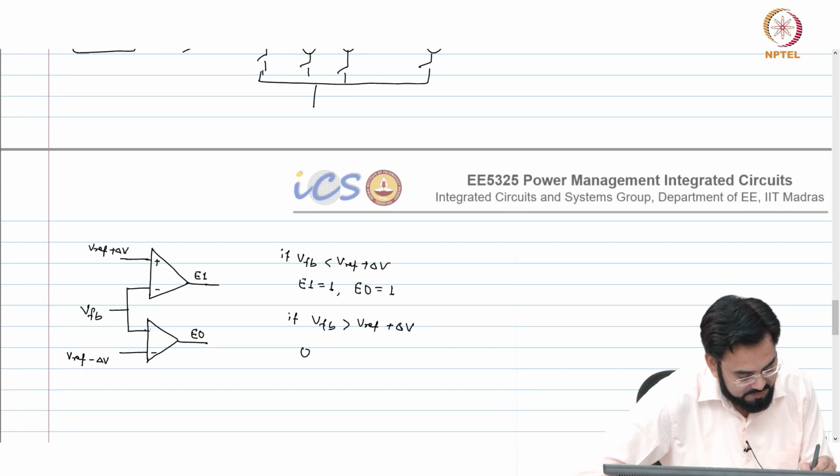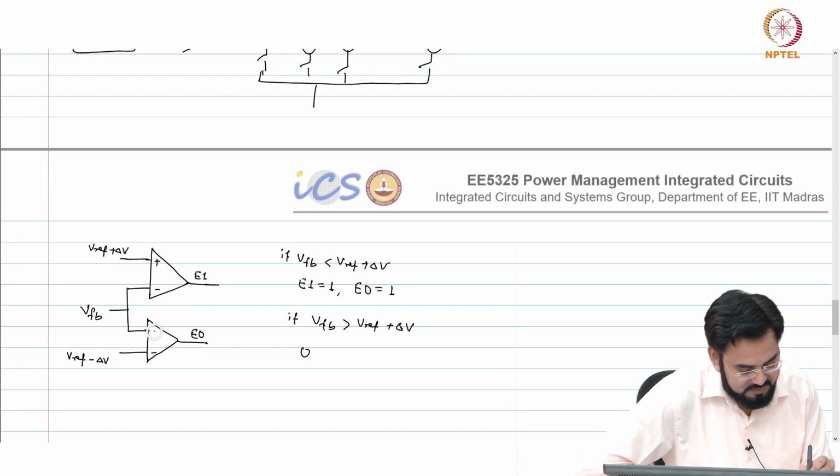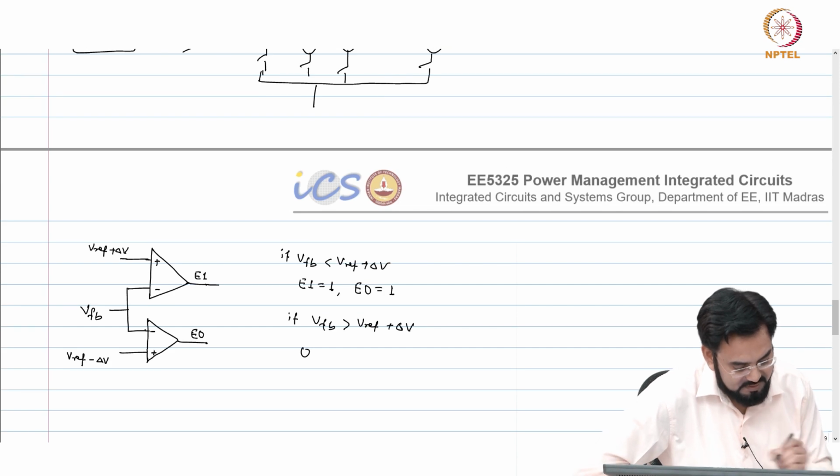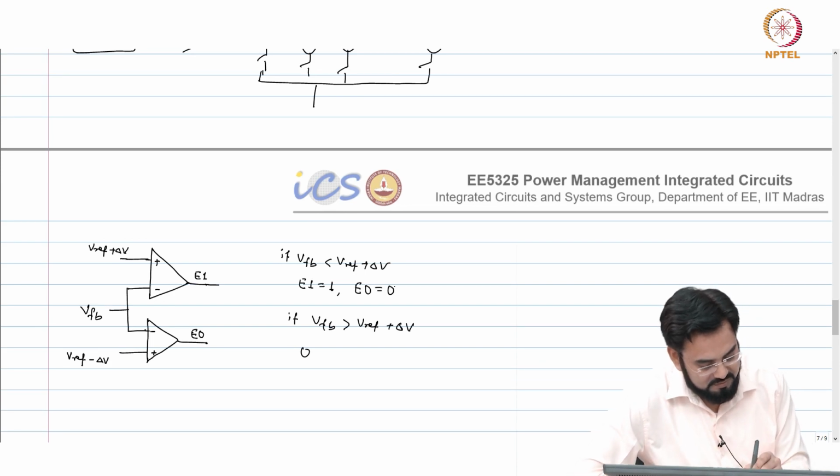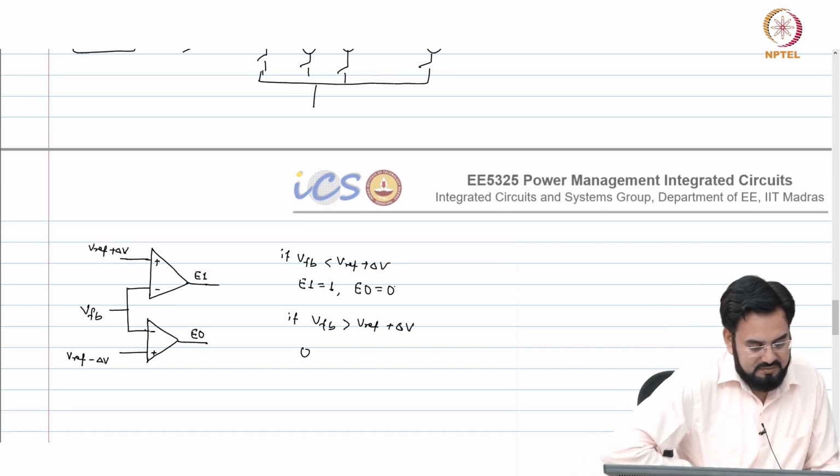So, let us change this polarity. Let us make it minus and this plus. So, this E0 will go to 1, correct.